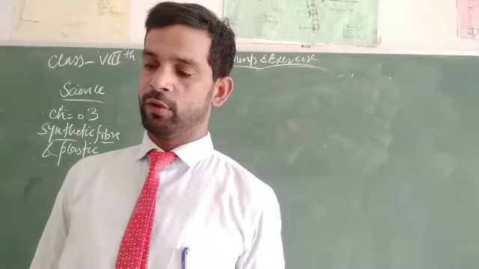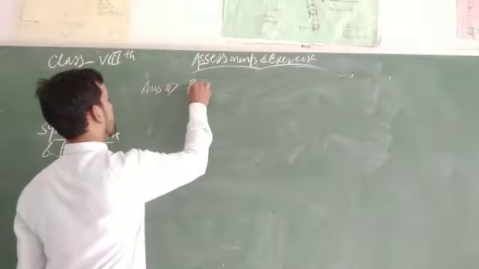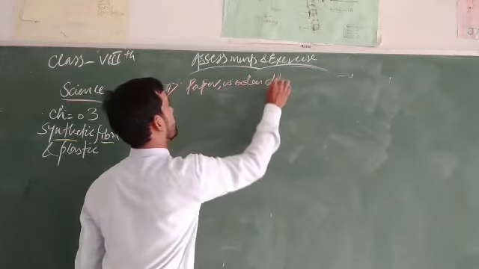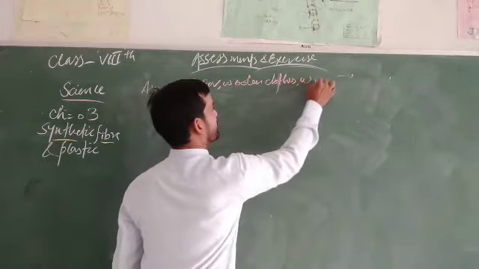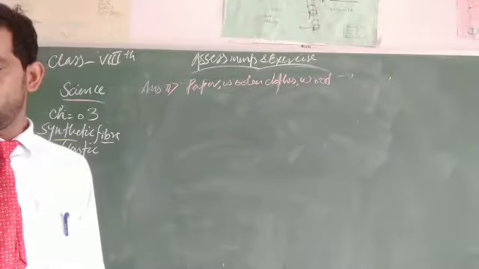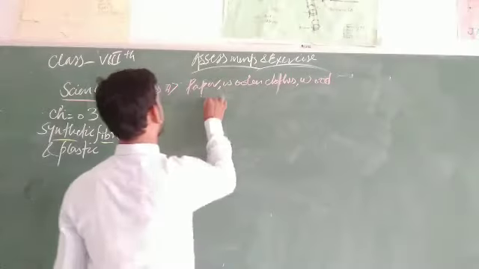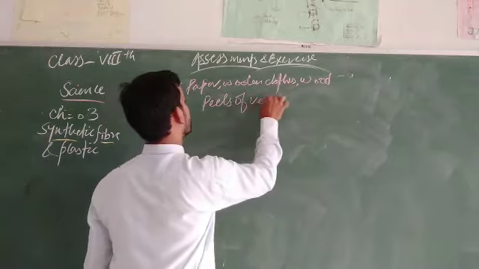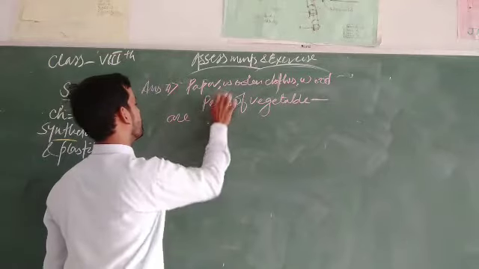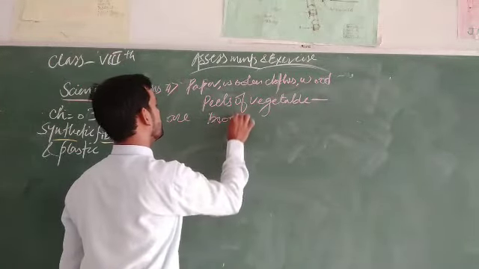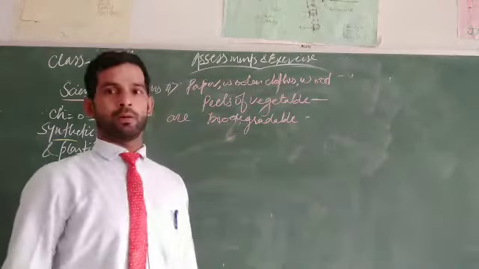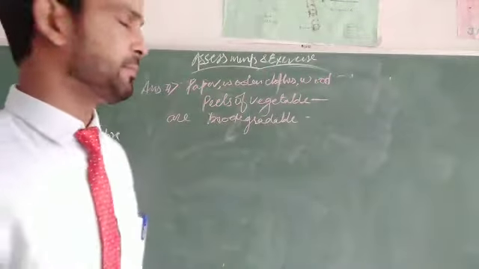So paper, woolen cloths, wood, and peels of vegetables are biodegradable. All these things can degrade easily. That's all.